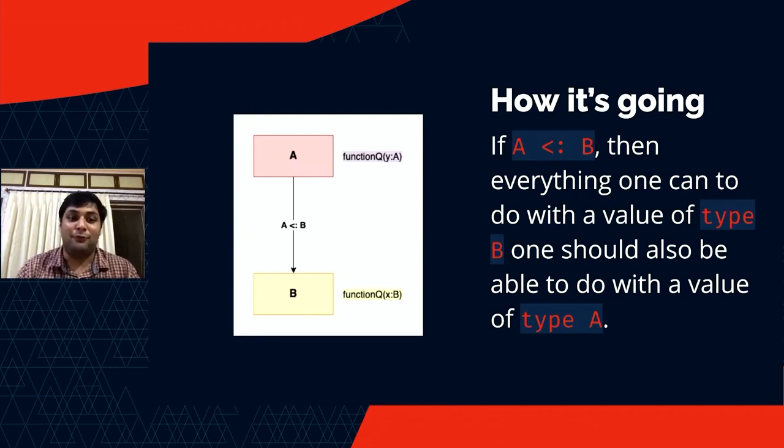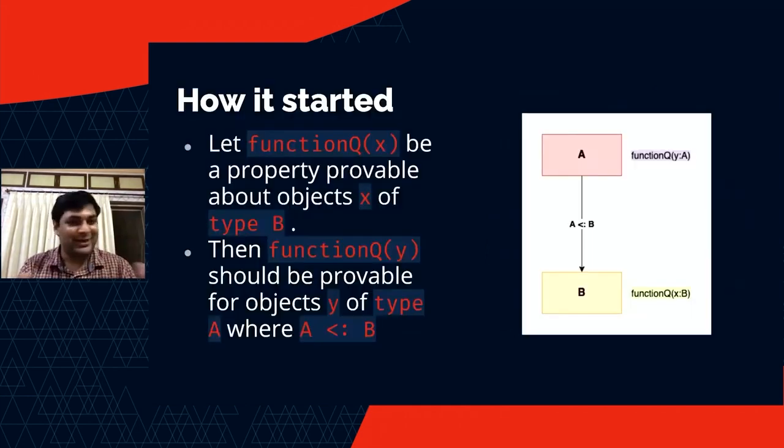A is a subtype of B, and there is a function Q which is taking the input of type B. Since there is a subtype relation, we can put type A into function Q. So now if we try to correlate with the formal definition, we are able to, isn't it?